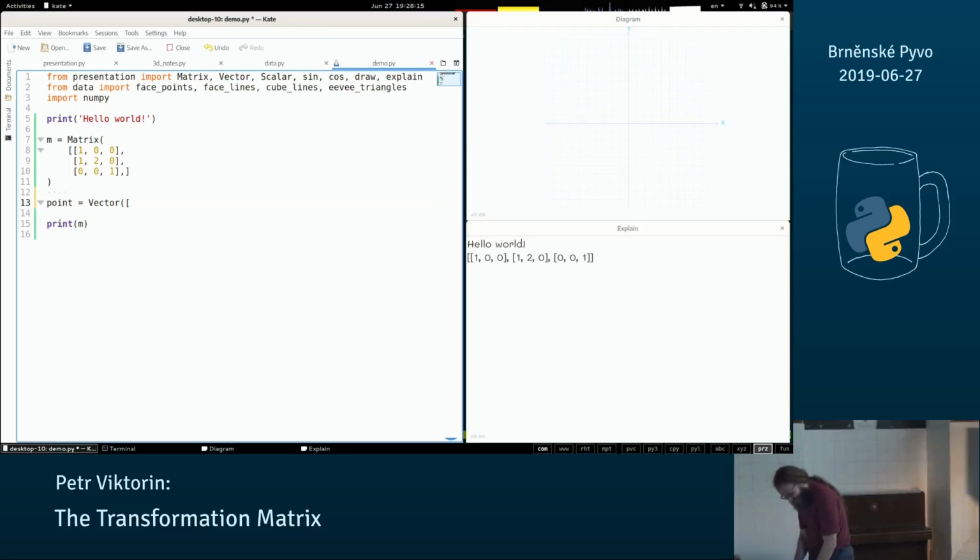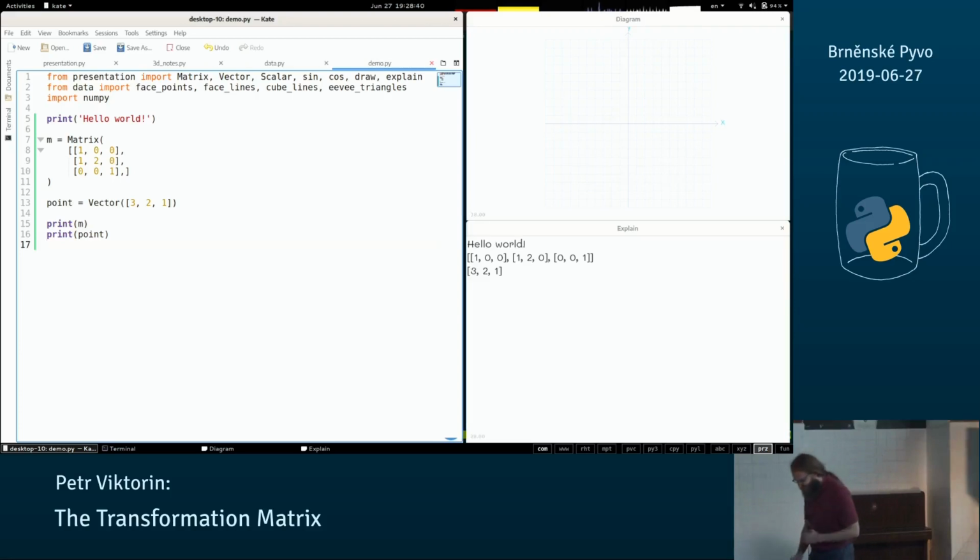So let's say I have a vector 3, 2, 1. A bunch of numbers. And these numbers are not useful by themselves. They're useful if you give some additional meaning to it.